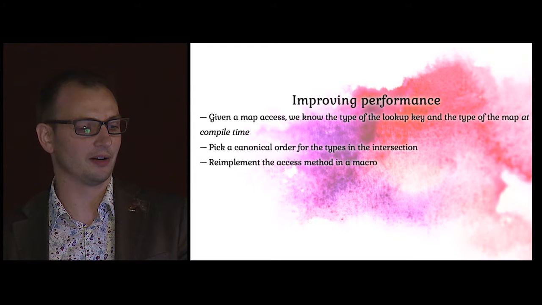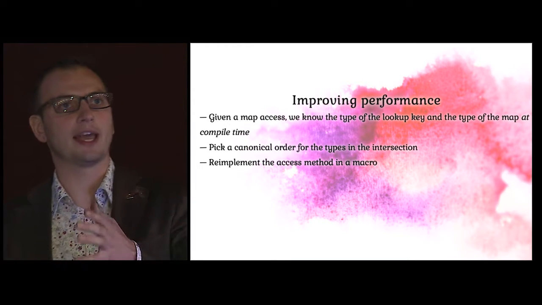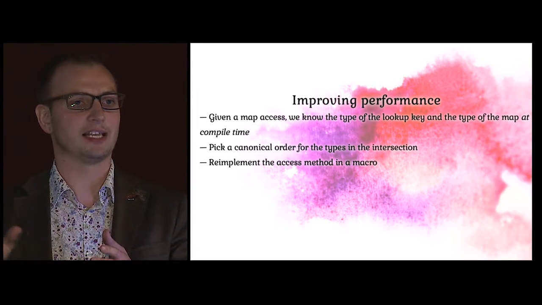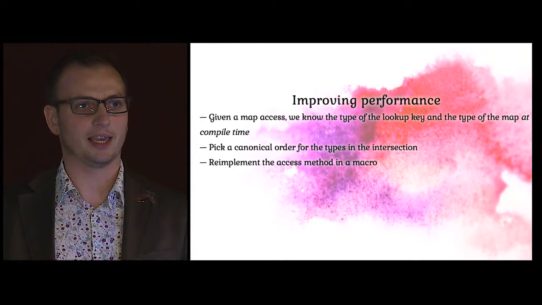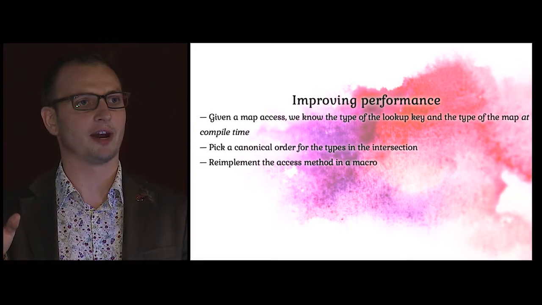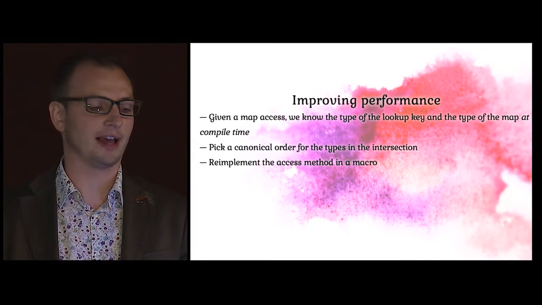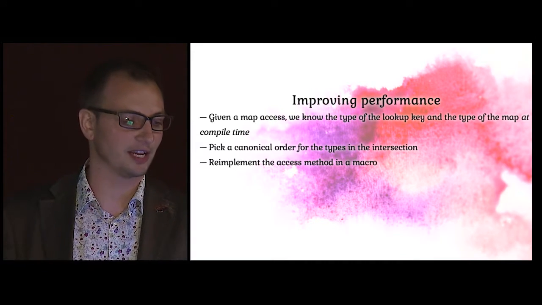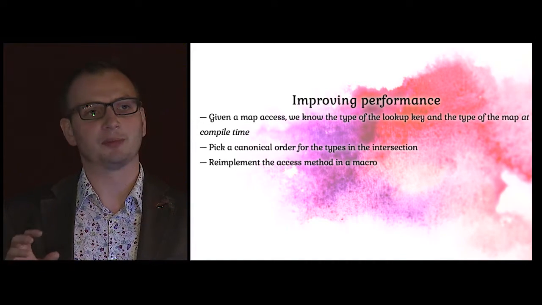We then have an array that backs that intersection of types, each index of the array representing that particular value for the type in the intersection, and we re-implement it using a macro.